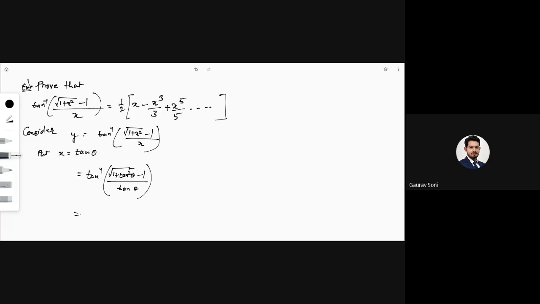If we simplify this, 1 plus tan square theta is sec square theta, so sec theta minus 1 upon tan theta.